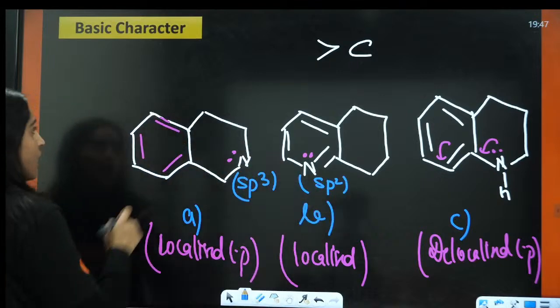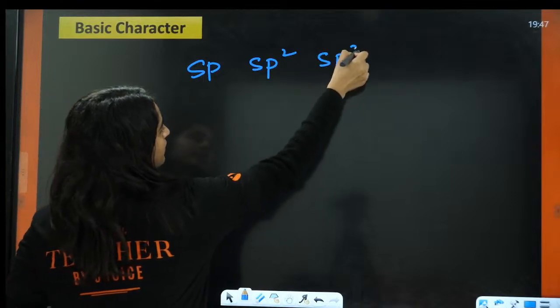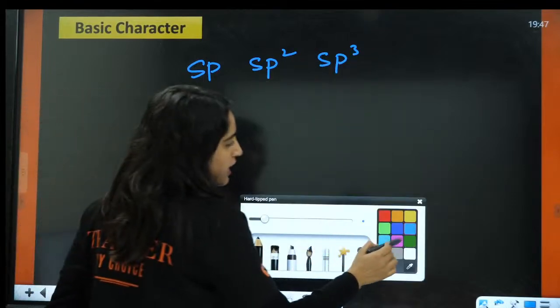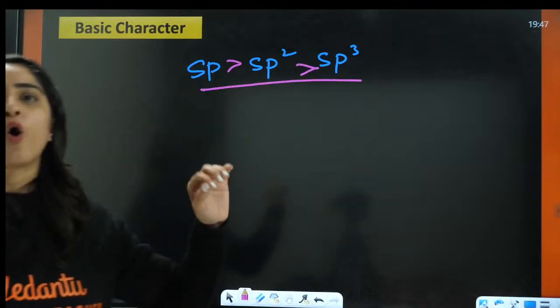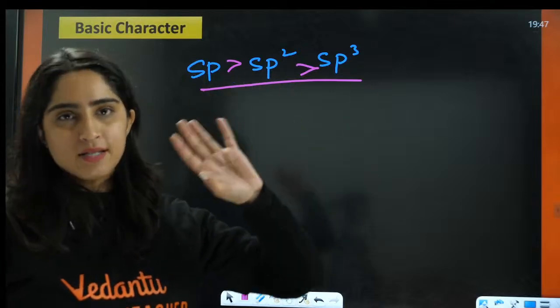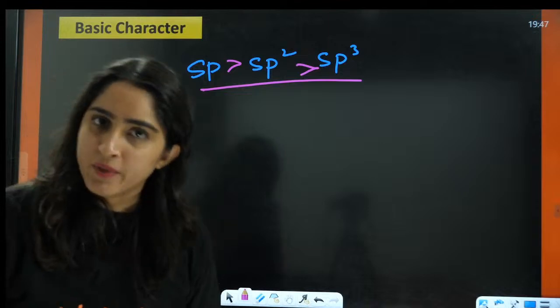Now tell me, if you have sp, then sp2, then sp3, the minus I order is sp, then sp2, then sp3. This is the minus I order of the hybridization.